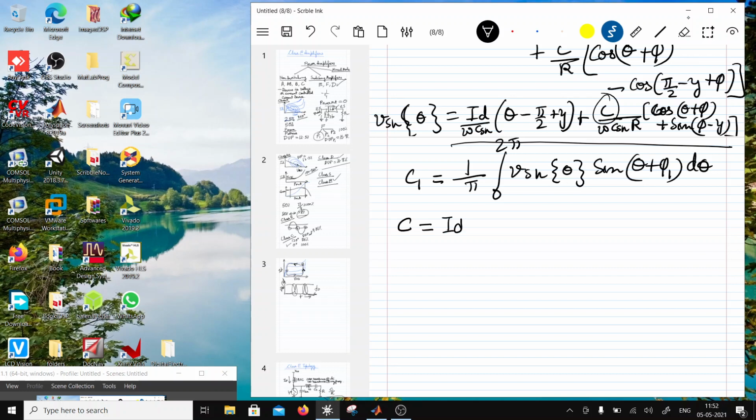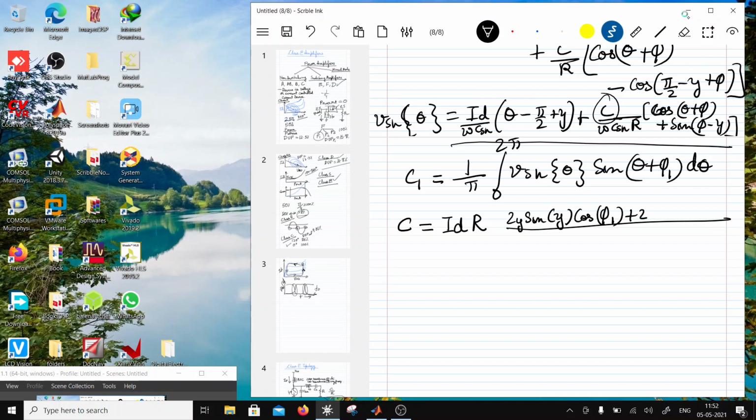Okay, so C here from integration would be Id times r times, so I'm going to write the final equation here, times twice of y sine of y. So y is half the switch-off duty cycle, right? Cos of phi 1, which is going to be phi plus xi, right?